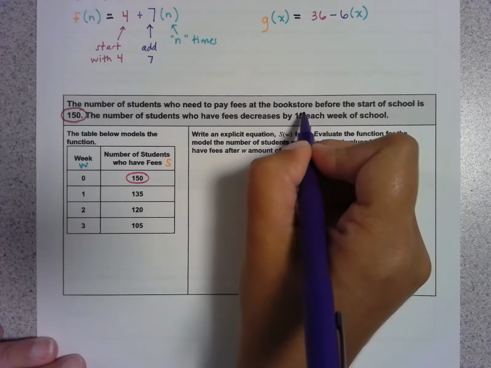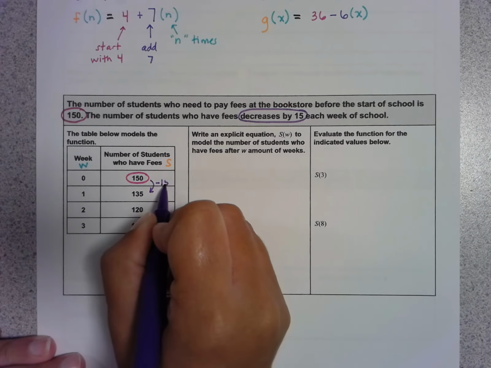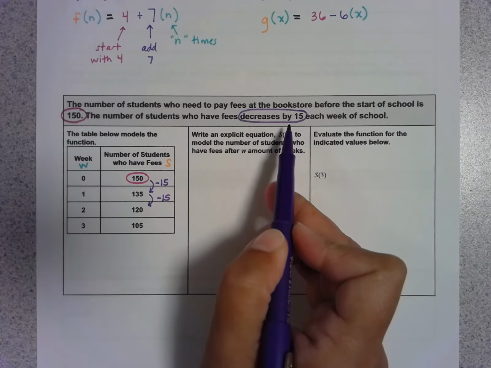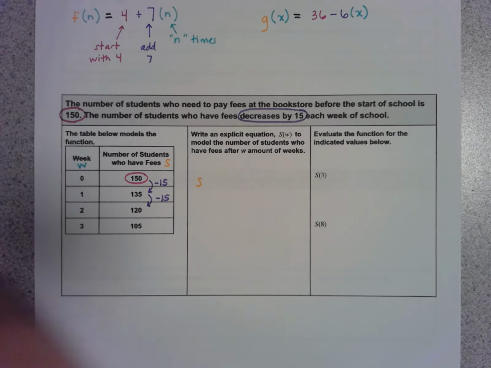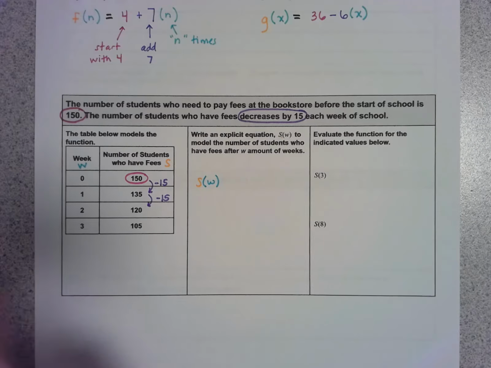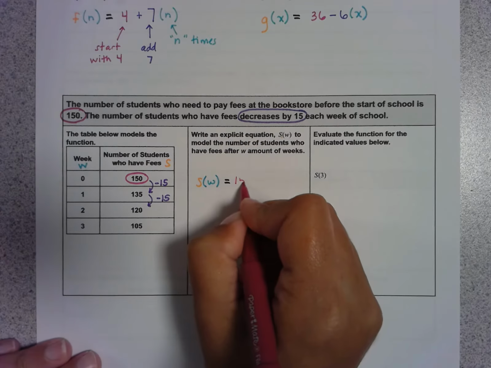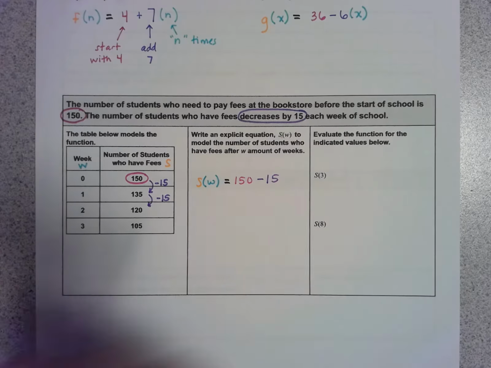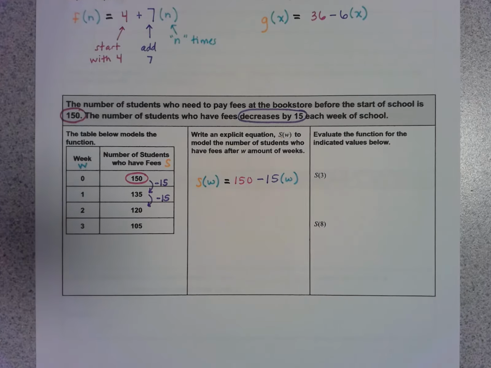And the pattern seems to be subtracting 15 each time, which makes sense because if you look at the table of values, that is the pattern, and it also makes sense because it says decreases by 15. To write this equation, we would write S of W equals start with 150, subtract 15, and do that W times, where W is your input.